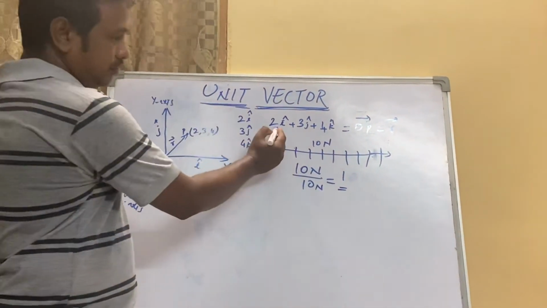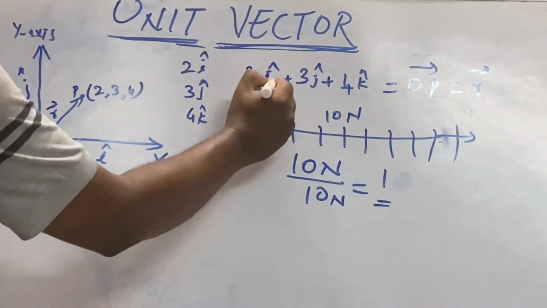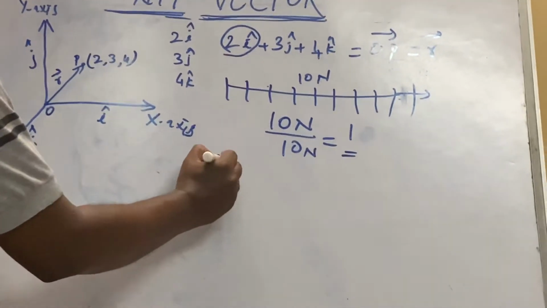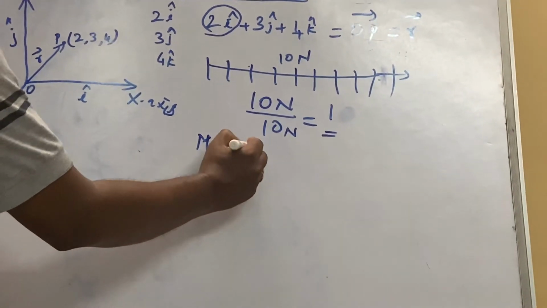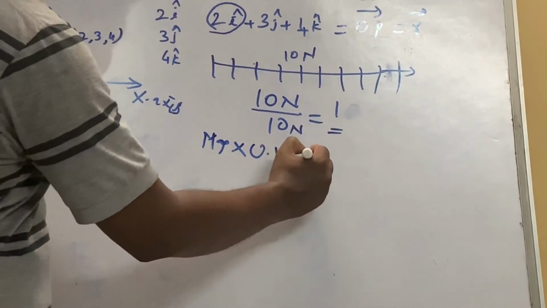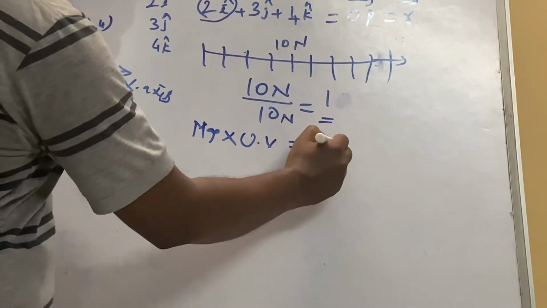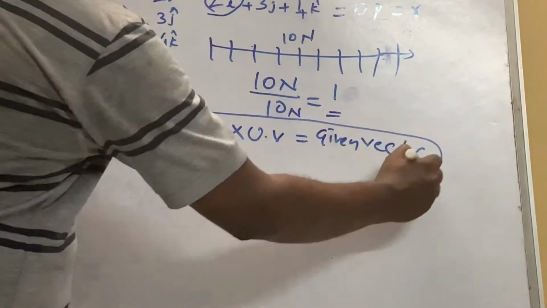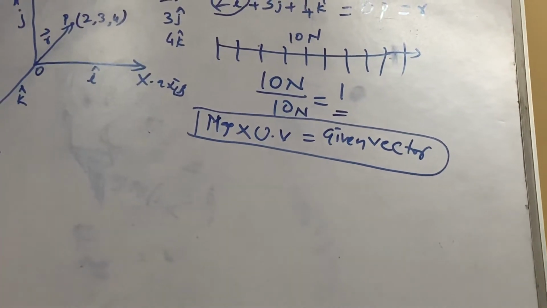Magnitude into unit vector is nothing but the given vector. This is the fundamental formula.